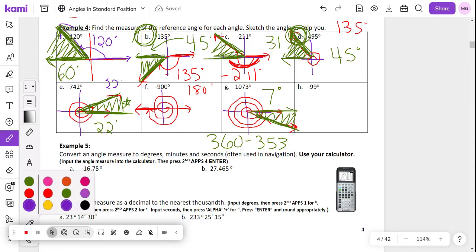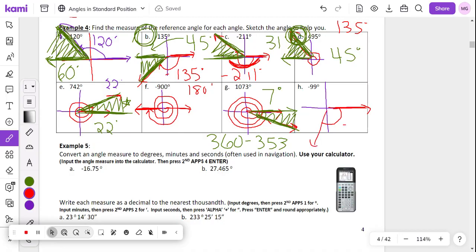Okay, one more. Negative 99 degrees. So first we have to draw negative 99 degrees. Here's our terminal side. I hope you're thinking, well, that's a little bit more than 90. So here's negative 90. Negative 99 would be right about here. So that's negative 99.